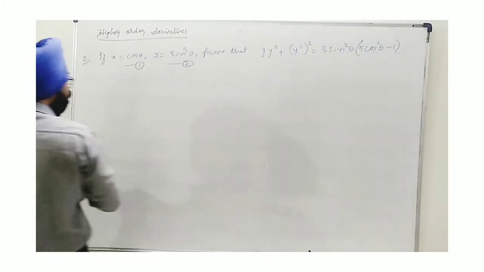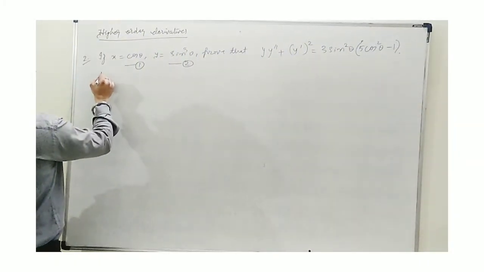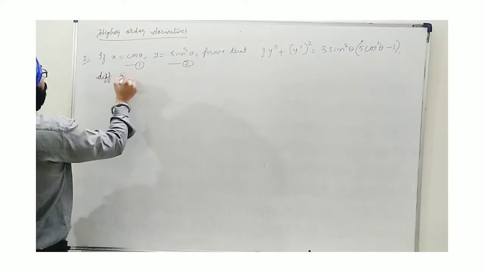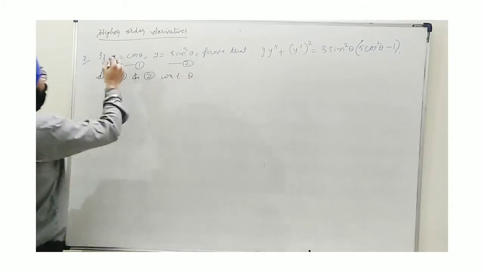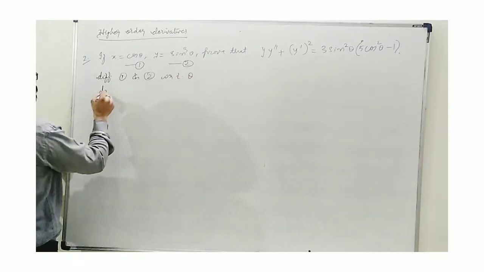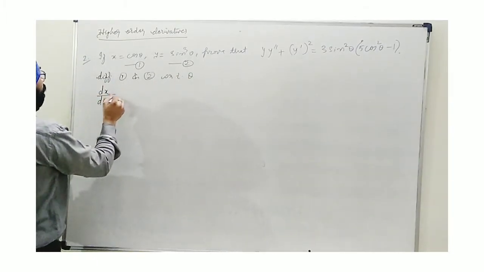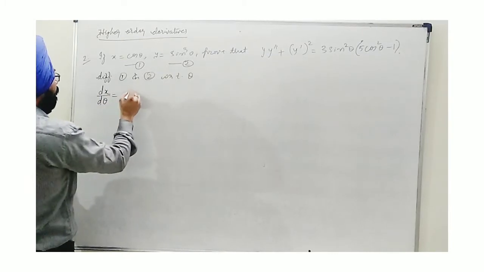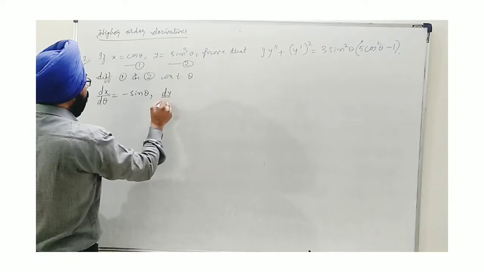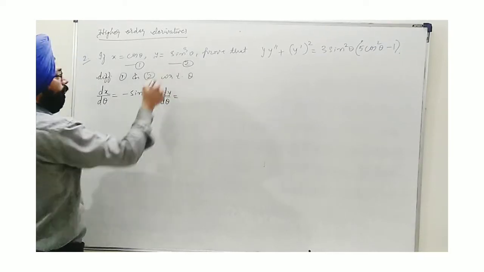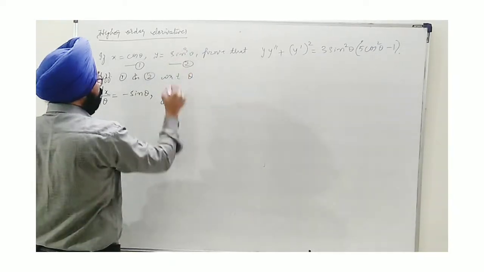So here we go. First we will write differentiating 1 and 2 with respect to theta. So we will find from first one dx by d theta, as differentiation of cos theta we will have minus sin theta, and of y, dy by d theta we will operate it. So first we have to solve the exponent.